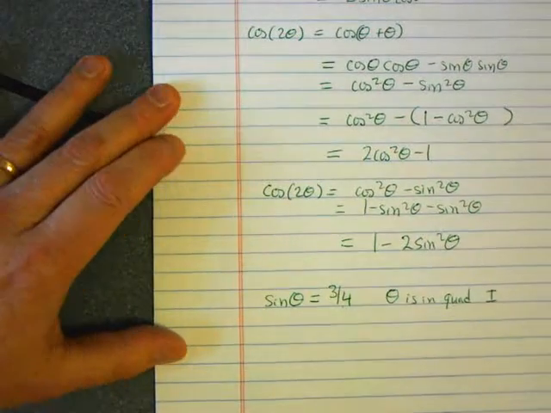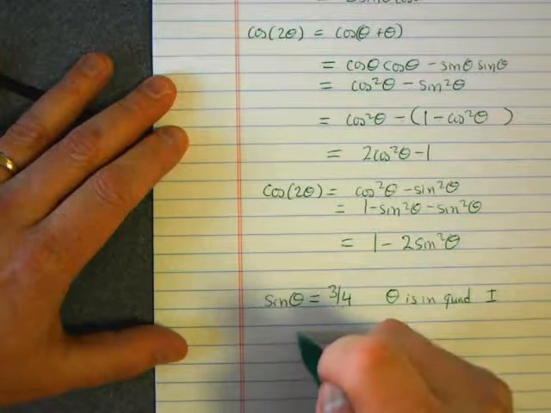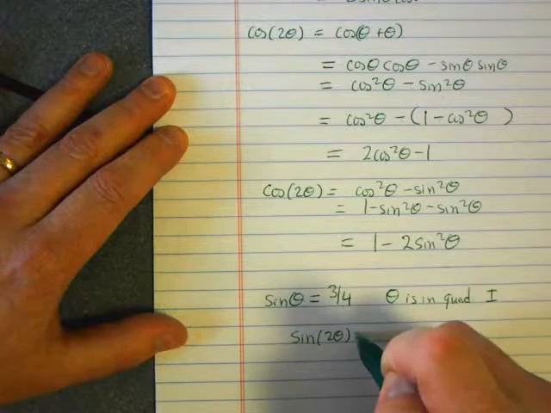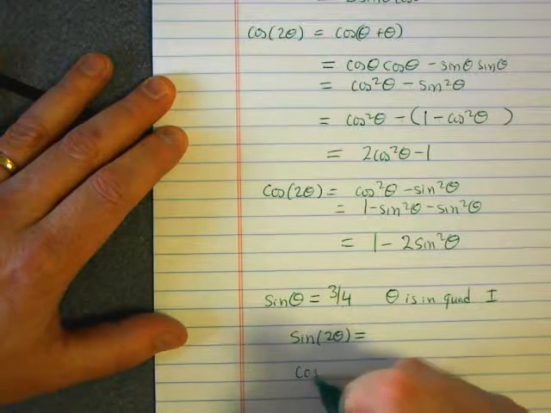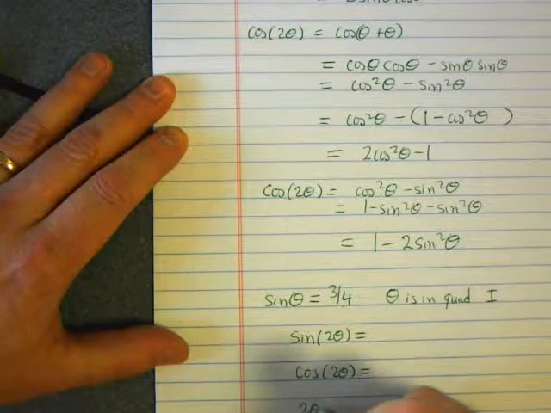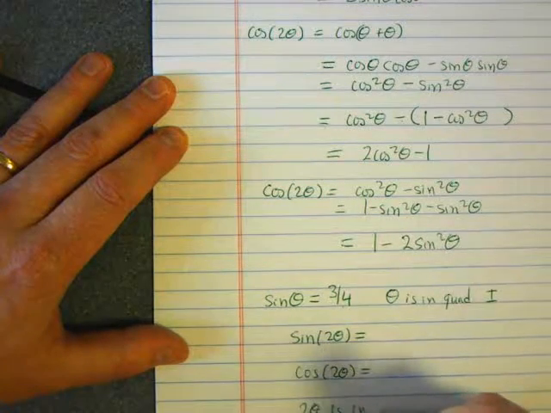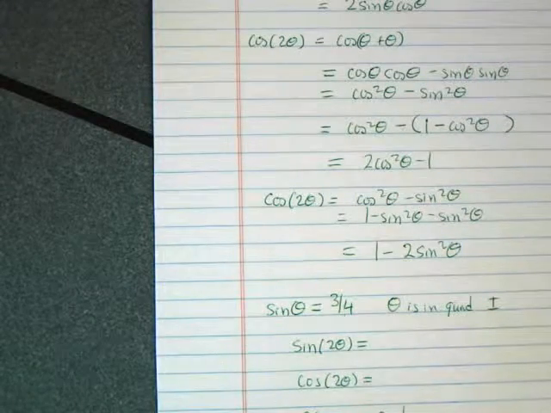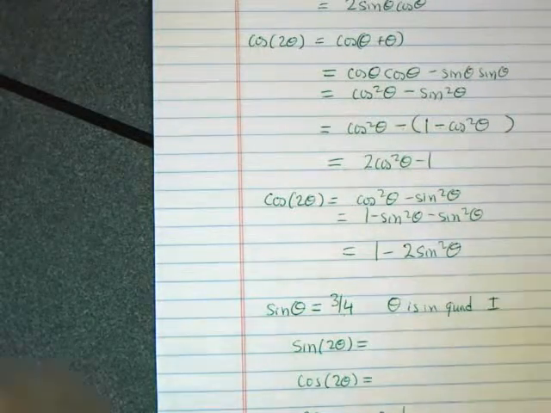I want you to figure out two things for me. Tell me sine of 2 theta, tell me cosine of 2 theta, and tell me which quadrant 2 theta is in.